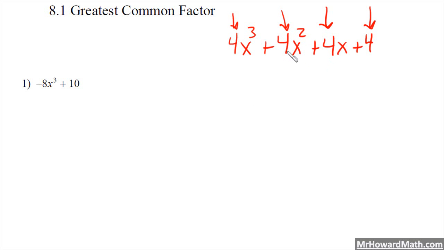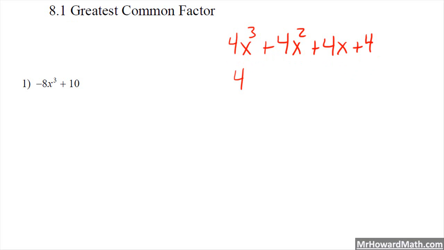You could look at it as they are all numbers. So we want the biggest number that we could divide out of all of those. That's obviously a 4. And then look at your variables. So we have an x cubed, x squared, and an x. And because there is no x term here, we cannot actually take out a variable term. So the greatest common factor out of all of this would be a 4.